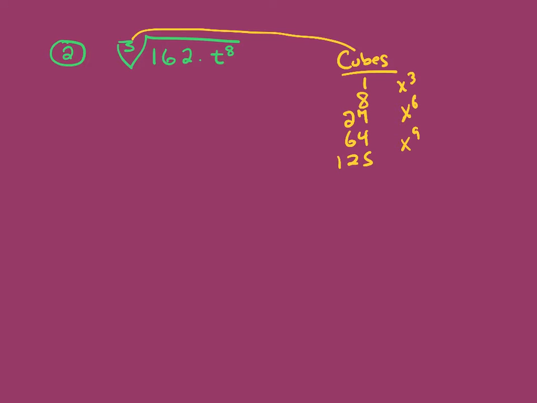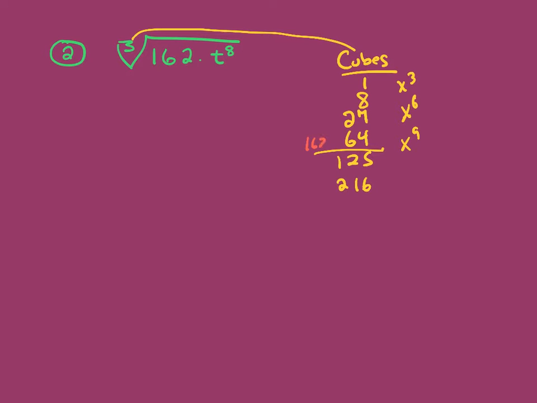But 162, so if we had 5 cubed, 6 cubed would be 216. So 162 is not a cube. In some cases, they may give you a number that's already a perfect cube. But since 162 is not, you start at about half of it. That'd be about 81. So 125 is too big, and we can just go through these.